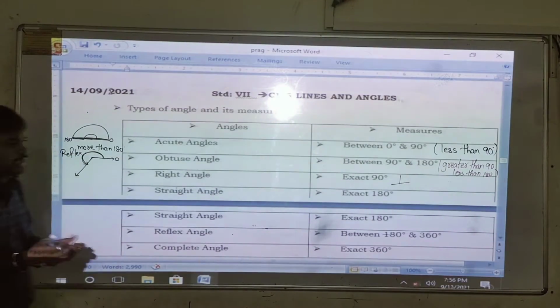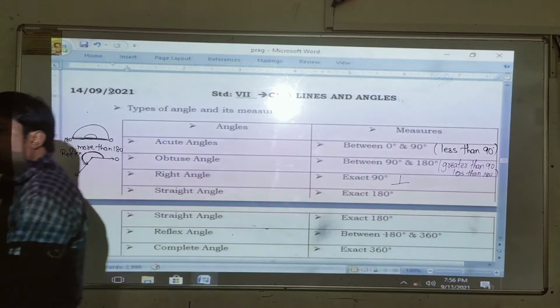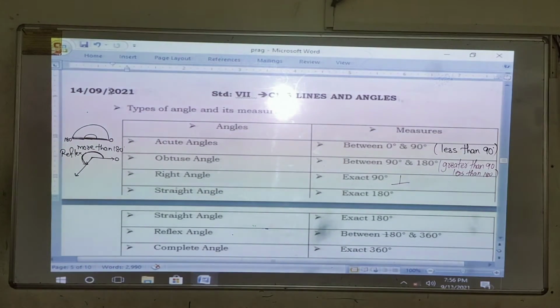But the condition is that it must be less than 360. All are more than 180 but less than 360. So exactly 180 is not reflex. More than 180 means 181 reflex, 185 reflex, 250 reflex. Right? It has increased beyond what? Beyond 180. So it will be a reflex angle.